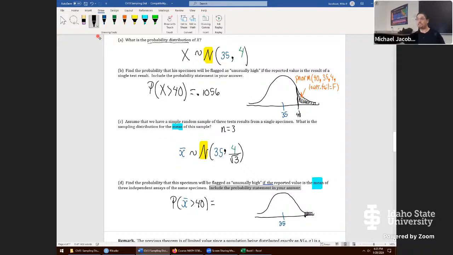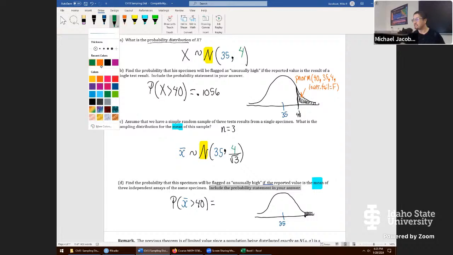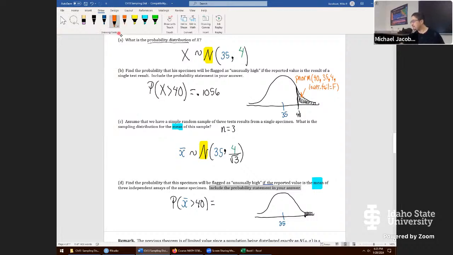We just don't know by how much, but whatever our answer is, it's still going to be calculated this way. P norm, we'll give it the value of 40 from right here, 35. We make one adjustment here. It's 4 over the square root of 3, coming from this part of the model. Then lower dot tail is false.